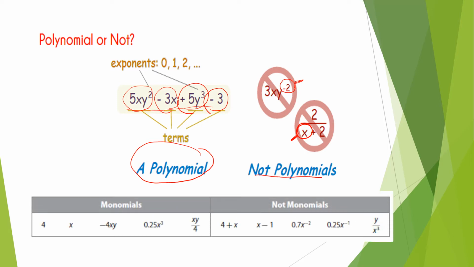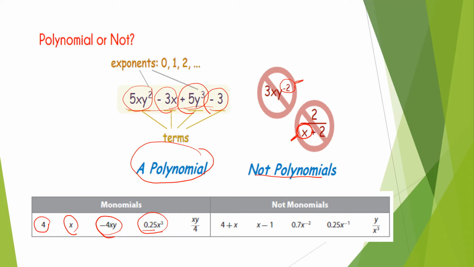Examples of monomials and not monomials. Here, this 4 is a monomial, it's a constant. X is a variable alone, so it's a one-term monomial. Negative 4xy, yes, they are two variables, I know, but they are multiplied by each other, so it's just a monomial. 0.25 x power 3, yes, I have a decimal here, but it doesn't matter.